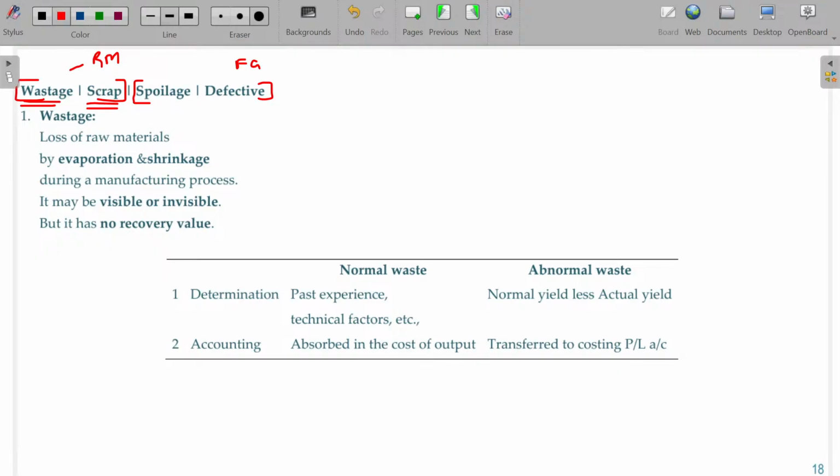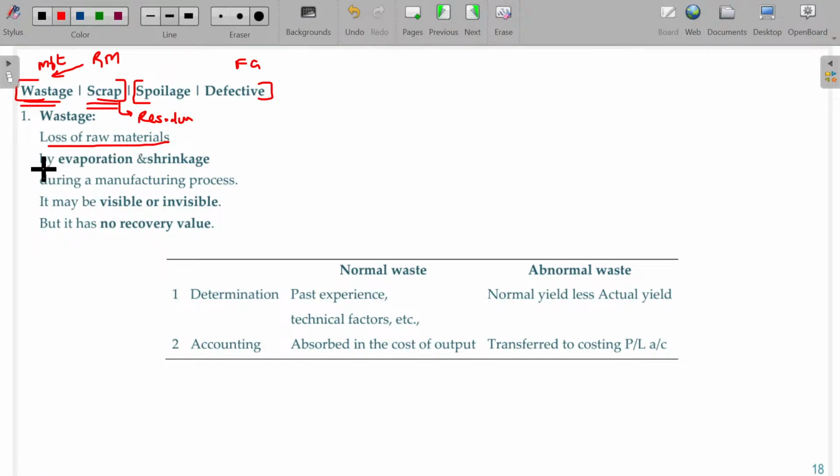This waste is due to the manufacturing process. During the manufacturing process, scrap is the residue of the manufacturing process. Clear. Wastage is loss of raw material.